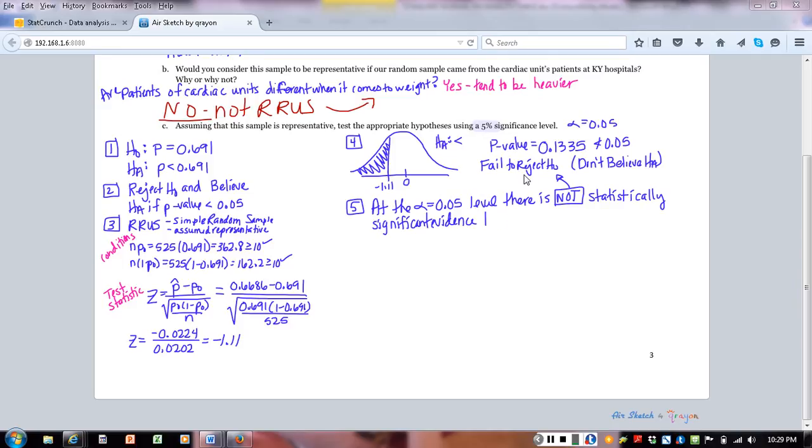To support. And the last part is our alternative hypothesis, but in words. So there is not evidence to support that less than 69.1% of Kentucky adults, because that was our population, are considered overweight or obese.